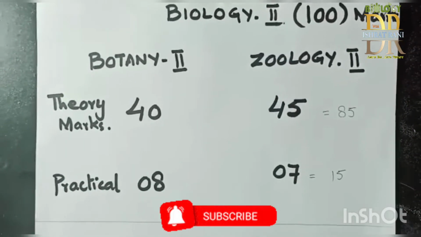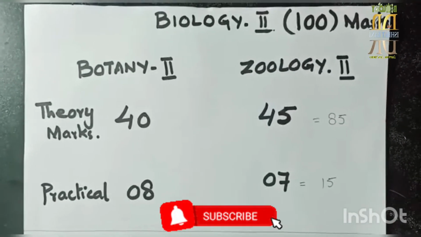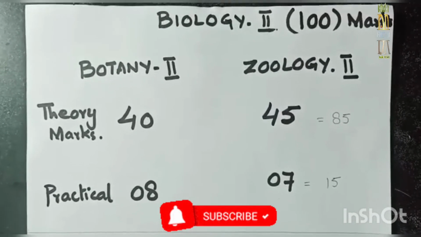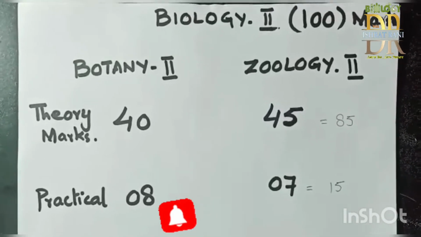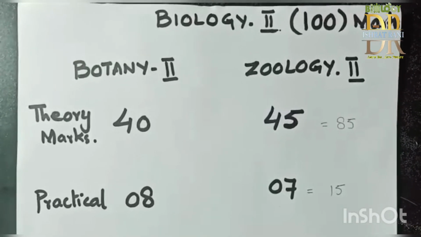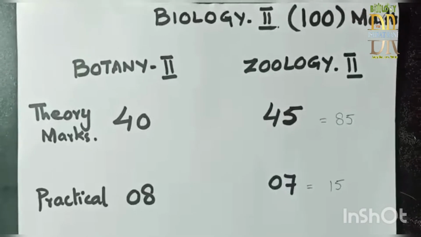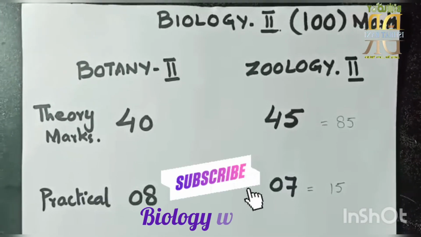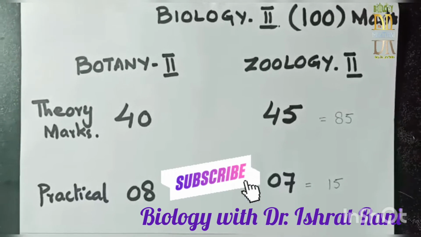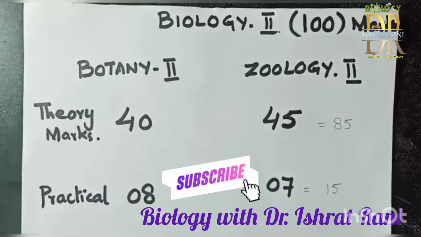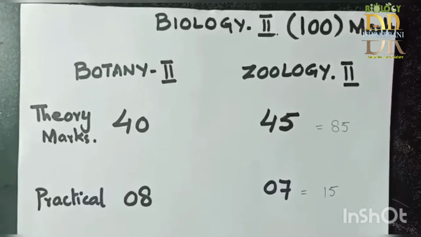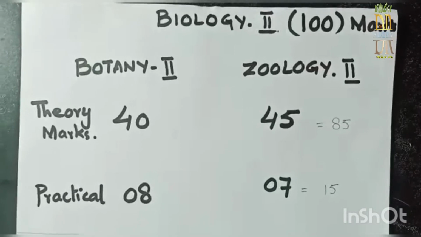The paper will be conducted separately for botany theory and zoology theory, as well as practical of botany and practical of zoology. Now I would like to tell you about the passing marks, or minimum marks required, in your theory exams as well as in your practical exams.